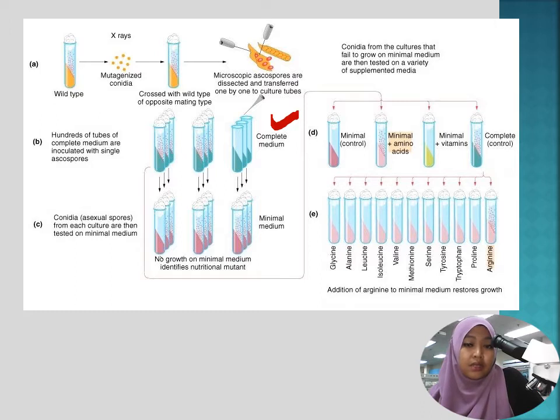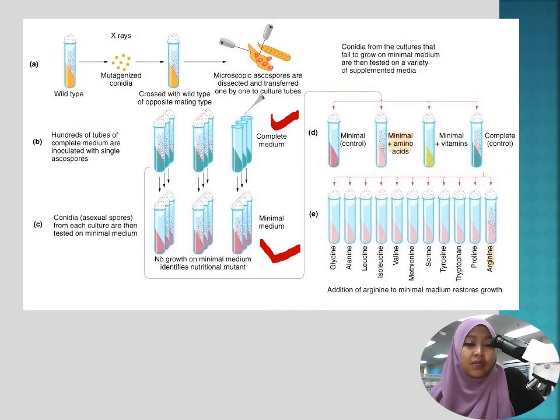Then they will transfer a little bit of what we call the mycelium, or the young plant, to a designated test tube. For example, this is seed 1, they will transfer it to test tube 1, also with a minimum medium.